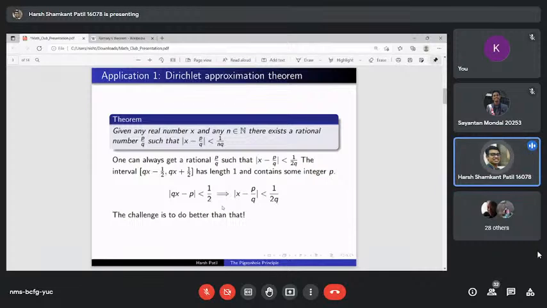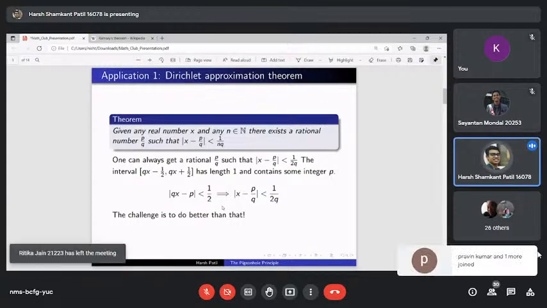So we are approximating this real number using this rational p by q, and the error is 1 upon n times q. Ideally we would want the error to be as small as possible, and the denominator of this rational number should not be very large. That's what we want.